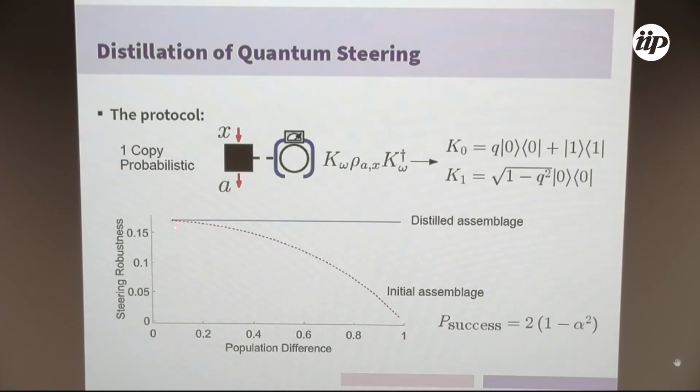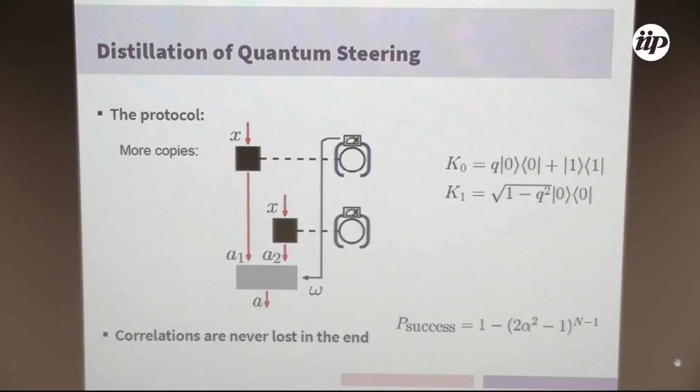I show that for an increasing population difference, the initial assemblage loses its amount of correlation, but after the filtering, we have a successful maximally steerable assemblage, in a sense.